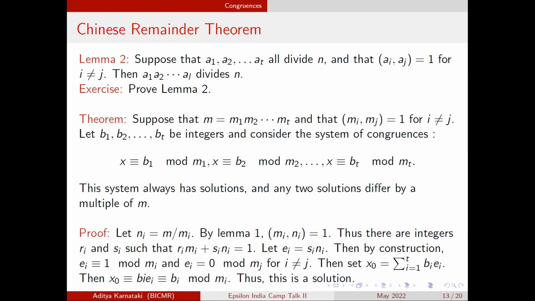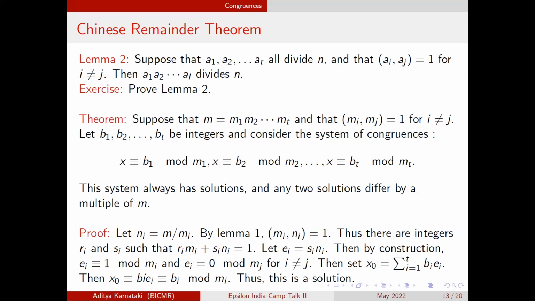And let Ei be the Si Ni part of this. And then by construction, Ei is congruent to 1 modulo Mi, where it satisfies this equation. Okay, so far. And Ei is 0 mod Mj for all the other ones, because Ei contains this Ni, and Ni contains all the other M2, M3, M4, whatever.